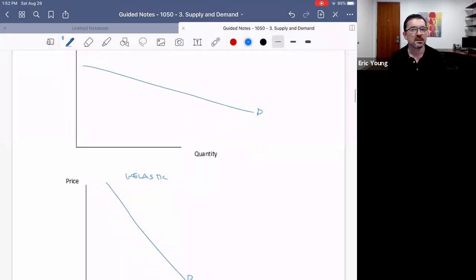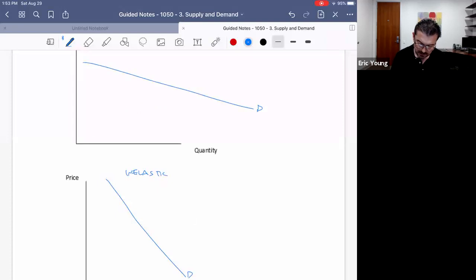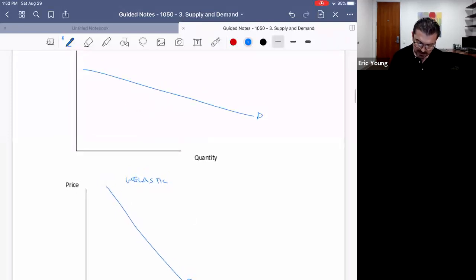Okay, why, you ask? Well, let's do a little bit of analysis. Let's suppose that we start up here. We'll call this just price high. Doesn't matter what the price number is. We go across, we hit the demand curve, we bring it down, and we have the quantity that's tied to the high price. Okay, let's now say there's a tiny change in price, real small. We'll go to like right here.